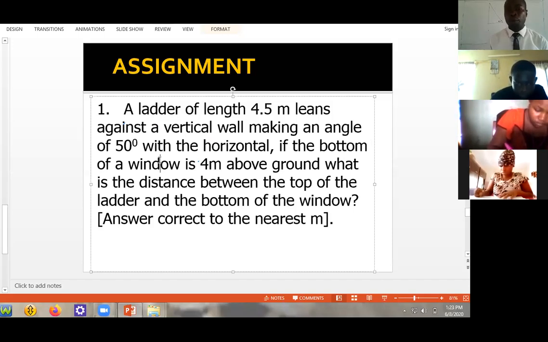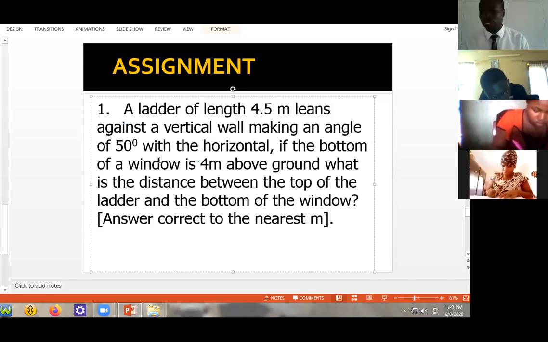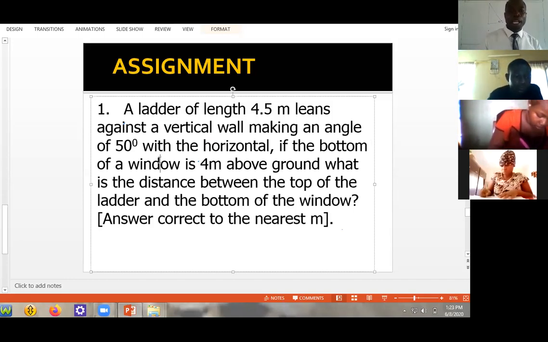If the bottom of the window is 4 meters above the ground, what is the distance between the top of the ladder and the bottom of the window? This is a word question. Don't be tired. This is assignment question 1.